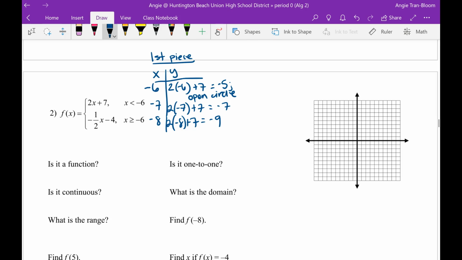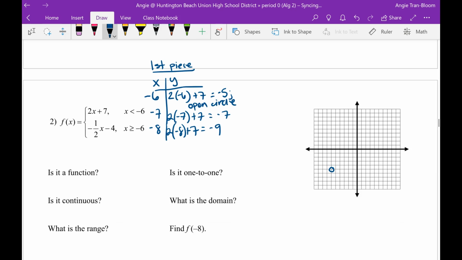All right, let's plot the dot. -6, go down 5. Open circle, it says right there. -7, go down. And then -8, I need to go all the way down to -9.